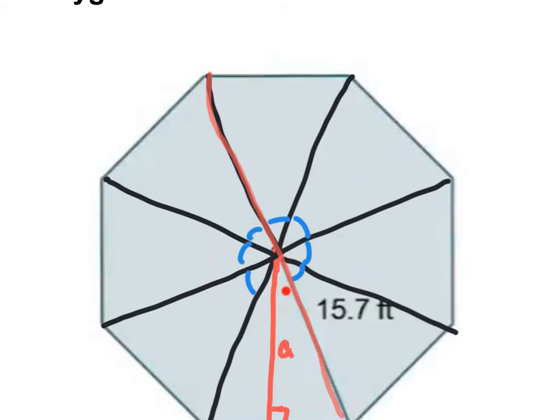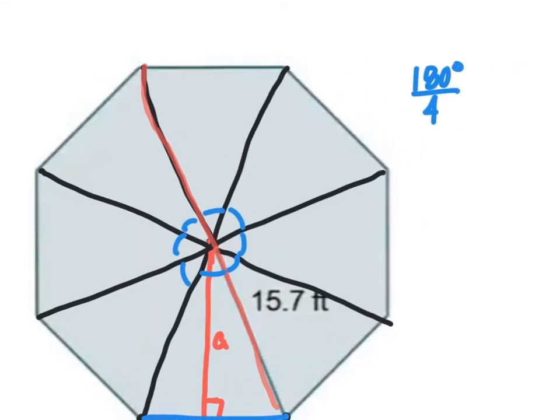I've got 4 congruent angles in here, so if I take 180 degrees and divide by 4, all of these angles are going to be 45 degrees.